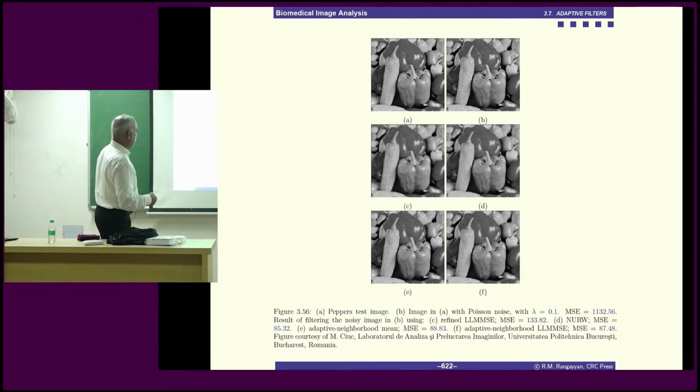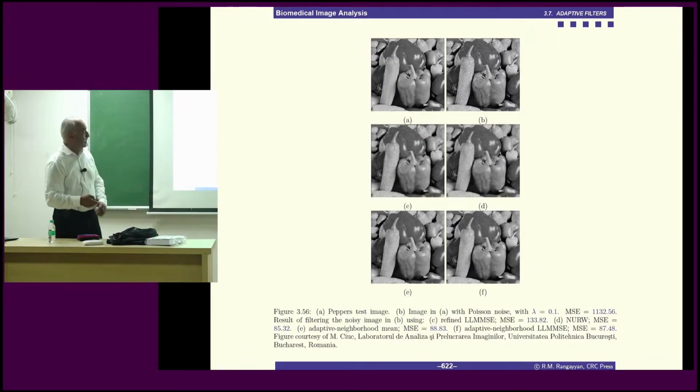C is refined LLMMSE, the noise updated recursive Wiener filter. E is adaptive neighborhood. This is our mean filter, and this is our adaptive neighborhood LLMMSE filter using adaptive neighborhoods.